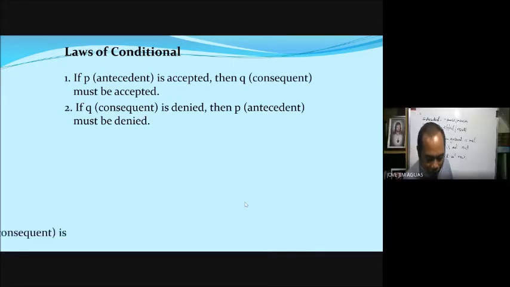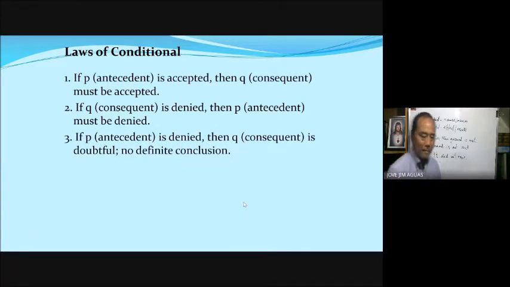Now let's go to the third rule. If the antecedent is denied, then the consequent is doubtful, meaning there will be no definite conclusion. Why is that?